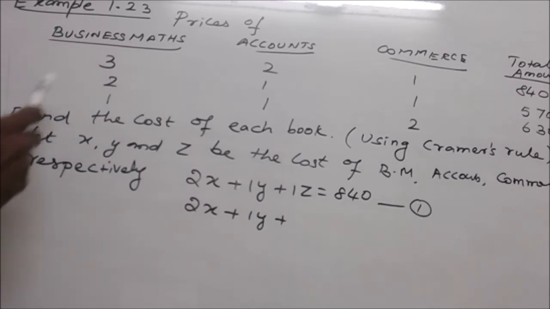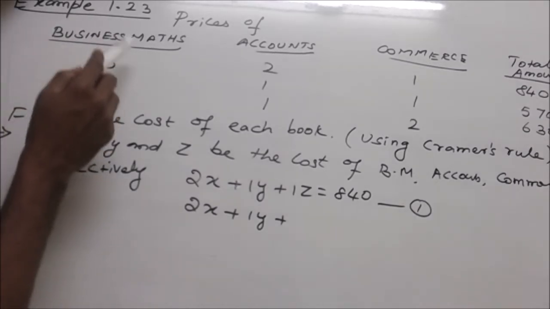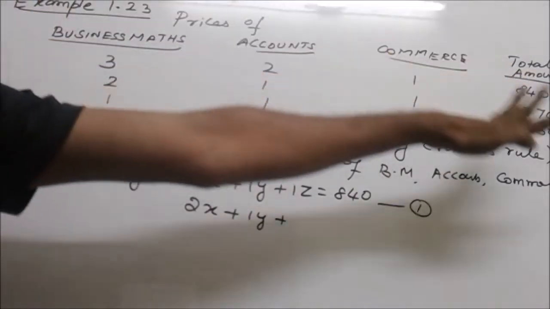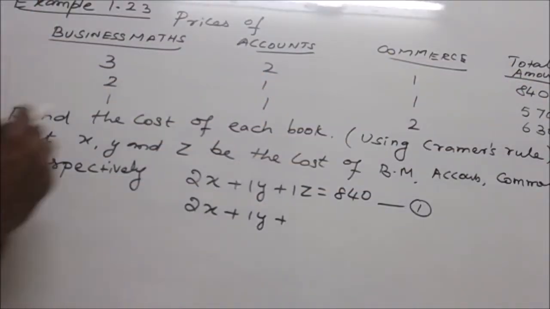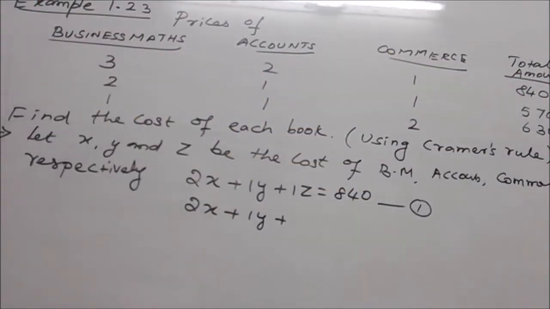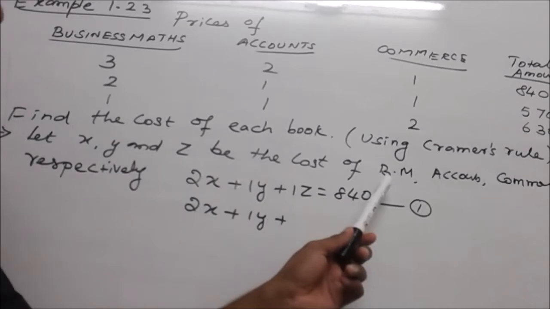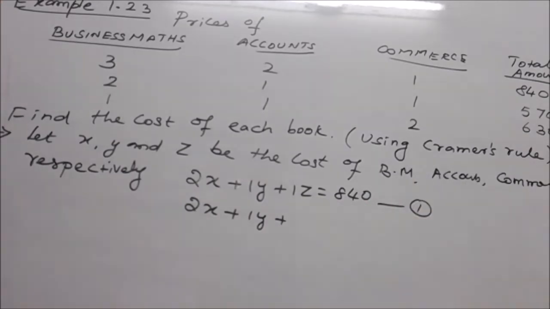Given the number of business max books, accounts books and commerce books and their total values, we should find the cost of each book by using Cramer's rule. First of all, let x, y, z be the cost of 1 BM book, 1 accounts book and 1 commerce book respectively.